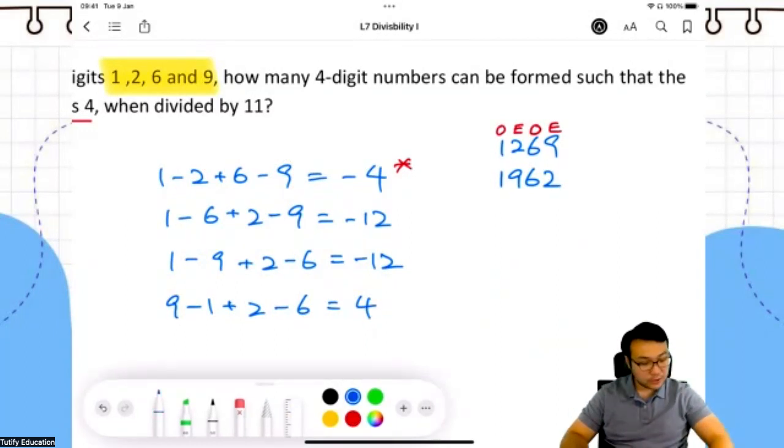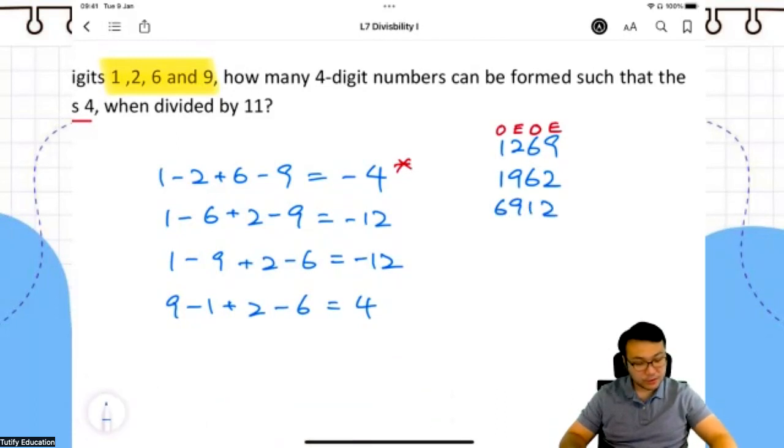So can you tell me what is another number that we can permutate? What else? I already swapped the 2 and the 9. What else do you want me to do? 6912. Swap the 1 and the 6. Very good. What else can I do? Why not you just swap back the 9 and the 2 again?